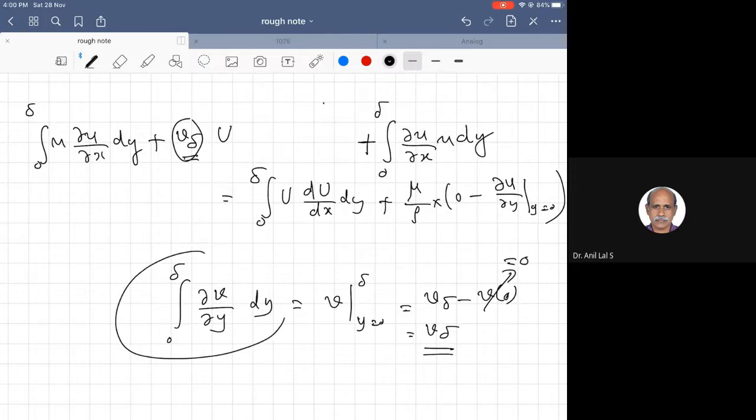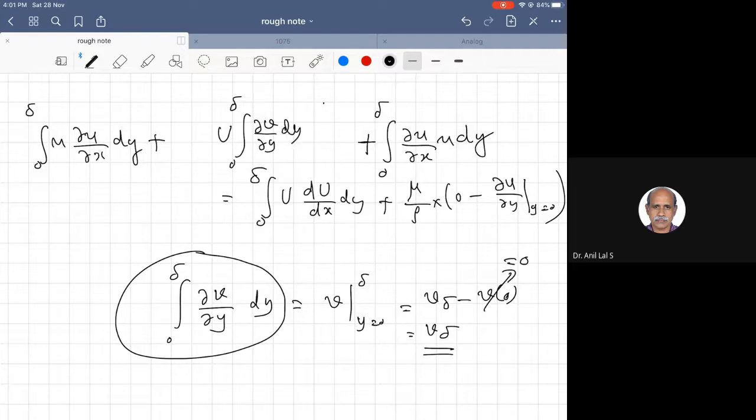So instead of v delta, we can substitute this one. So that's a capital U there, and then integral 0 to delta dou v by dou y dy.